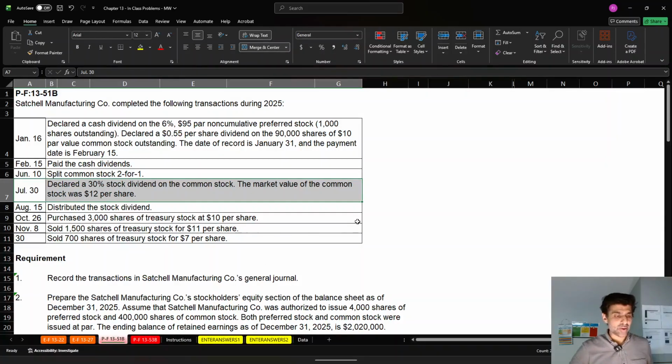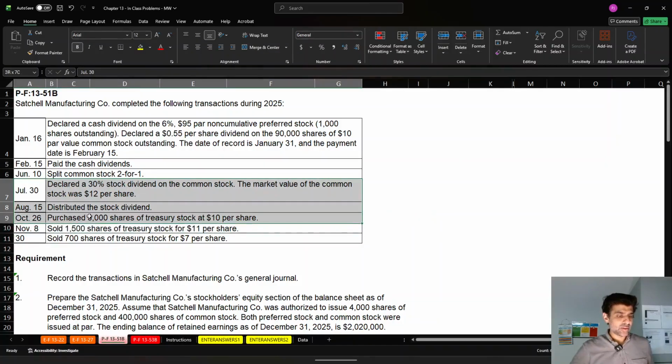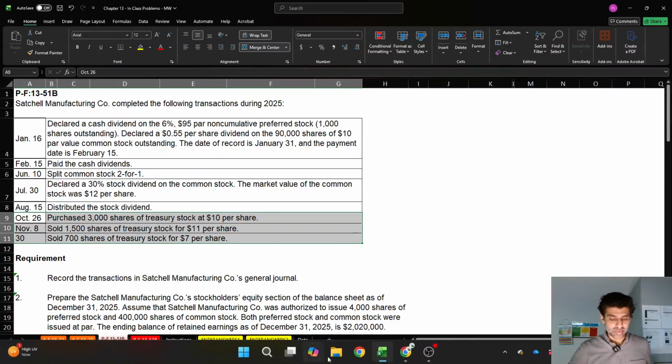Okay, so I'm going to pause it now. You guys can continue working. Figure out if it's a large or small stock dividend, hint, and then depending on what the answer to that is, you'll do the journal entry. And then these last two are just review of our treasury stock transactions. Okay, so take a second, try to wrap this up.